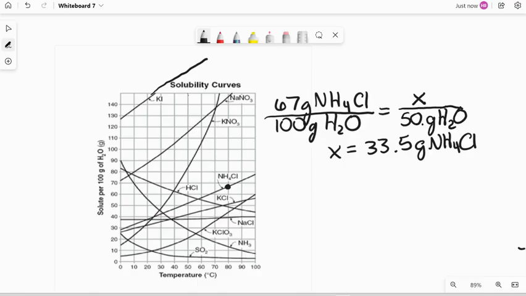You may not be able to read exactly what it is, but you can make some inferences. They're going to try to trick you into saying, I don't know anything about what happens at 50 degrees Celsius for KI because it's not on the graph. But you can extrapolate, and what you can say is that more than 150 grams will dissolve. So there are some things you can say about this that are not on the graph.